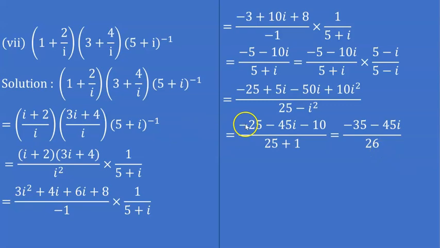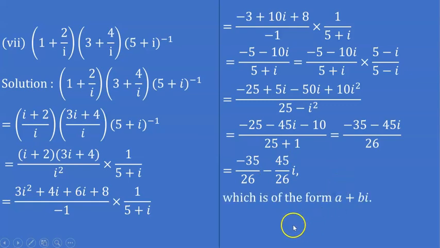Now next, minus 25 minus 10, you will get minus 35, minus 45i upon 26. And split this up: minus 35 upon 26 minus 45 upon 26 into i, and this is the complex number in the form a plus ib.